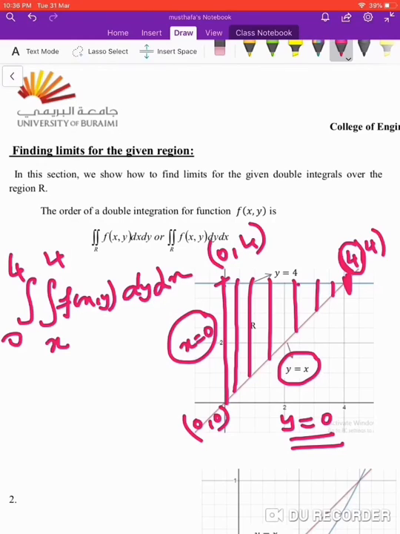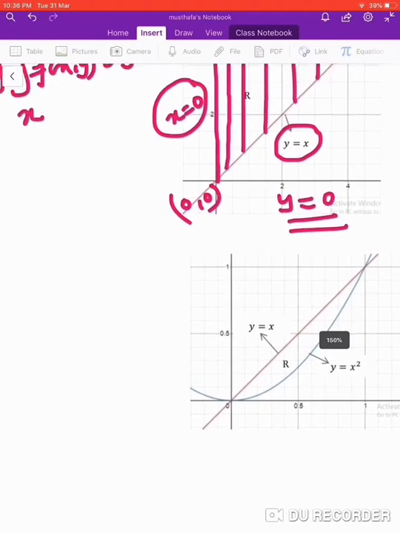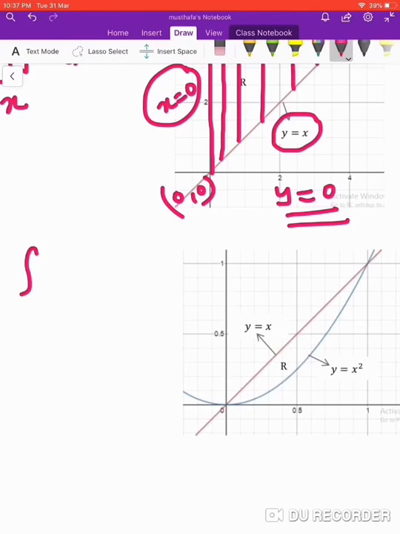Now let us move on to the second example. Look at this integration. Now let us find the limits of this region for the order of integration. It can be any function, dx dy.